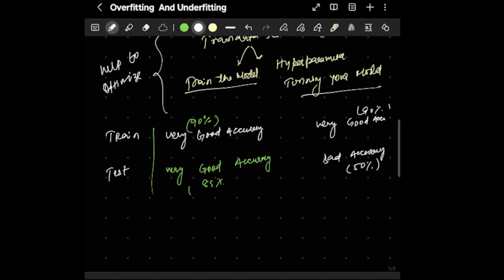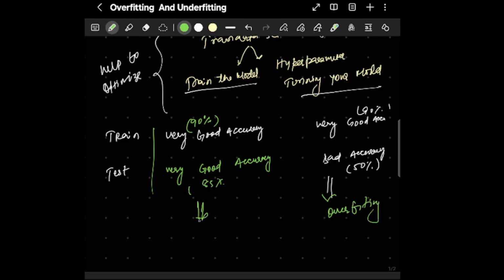If the model achieves very good accuracy on training data but poor accuracy on the test data, this type of model is overfitting.